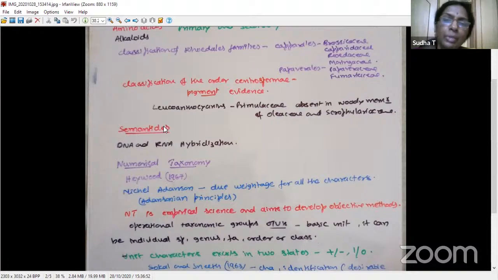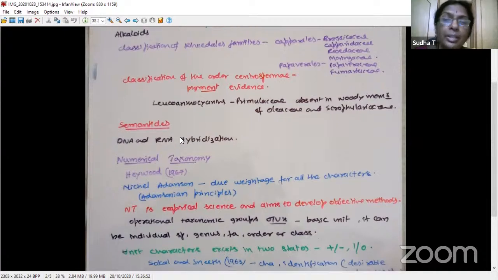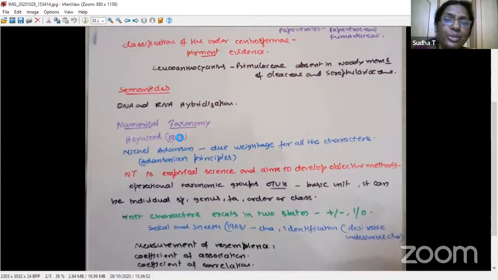So the end product is the protein. How the proteins change is also studied, and is also used in systematics. That is the latest development, not only in taxonomy; proteomics is the latest technology.